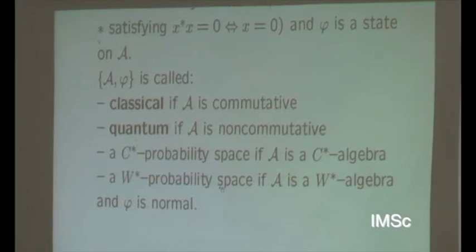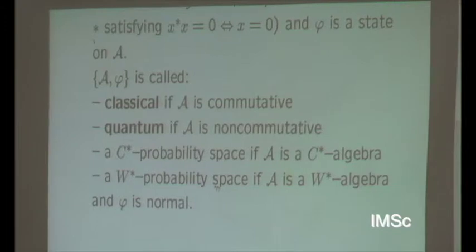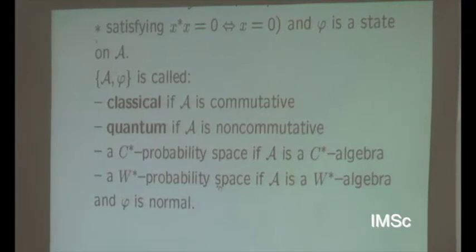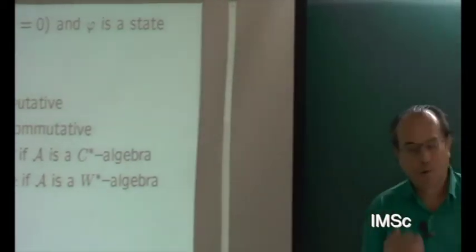And in this case, we will always assume, unless otherwise specified, that the state is normal. Normal means, by a general theorem of von Neumann algebras, that a normal state is strongly continuous, or ultra-strongly, or weakly or ultra-weakly, and so on.